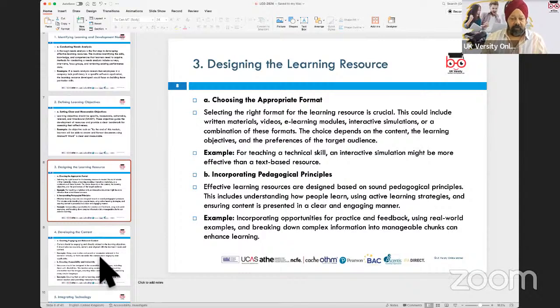Then we look at designing the learning resource. You would choose an appropriate format. In our case, if we look at online delivery, most of the material that we provide tends to be a PowerPoint presentation. Some of these presentations have a combination of videos, and in some cases, towards the end we also suggest further reading, through integrated ebooks, articles and journals, and in some cases, case studies.